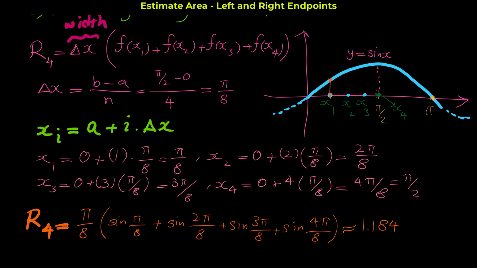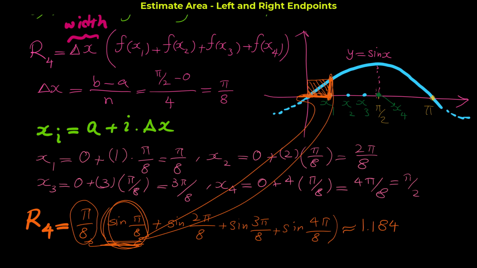When we cross the curve, we make a rectangle. This is the first area we calculated. The area of that rectangle is basically pi over 8 times sine of pi over 8. The width is pi over 8. The length is sine of pi over 8.